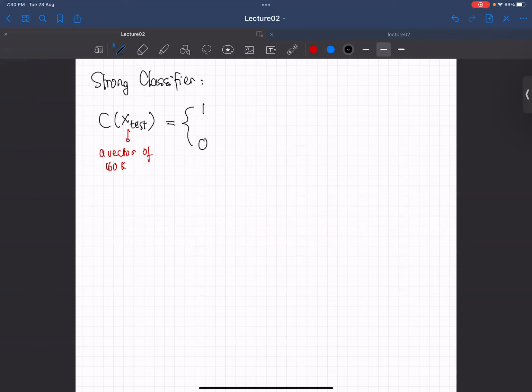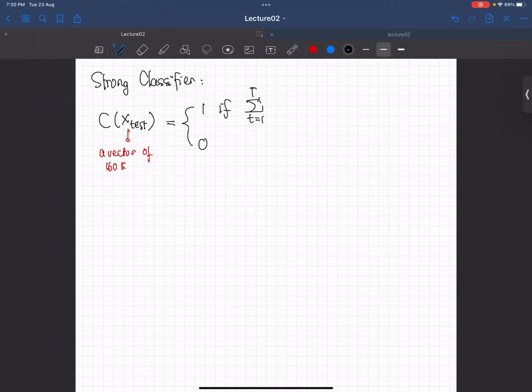It is face if the sum from t equals 1 until capital T. Again, if you want to use all the features, it's okay, but of course it will be slow, or you can just select, for example, the prime numbers that I just mentioned, right? So T here is the selected features.